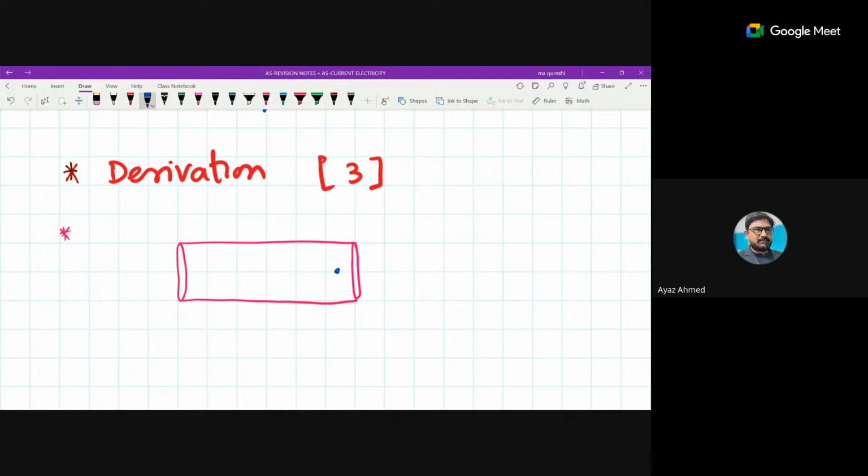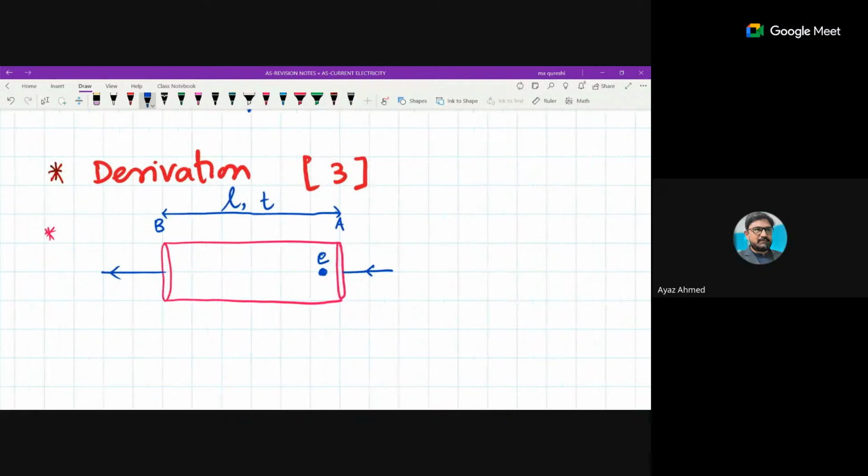Let's say this is an electron, and that electron is moving from point A to point B in time t, and it travels a length L. Definitely, the length of the wire is given to you because the length is a factor which can define the resistance. So length is L, and time taken for the electron is T.